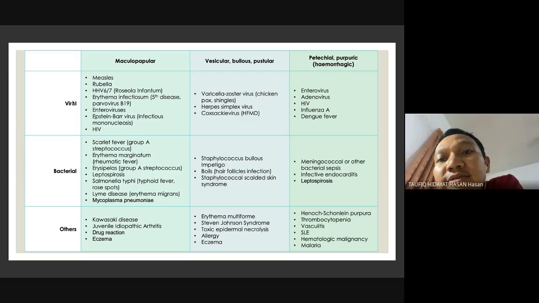Maculopapular ya, list down ada berapa nih, contoh from this slide ada 1, 2, 3, 4, 5, 6, 7, 8, so many ya, but usually list down at least 3 or 5 pun udah cukup. Most common memang dia viral exanthem kan, exanthem due to the viral infection with fever, non itchy.